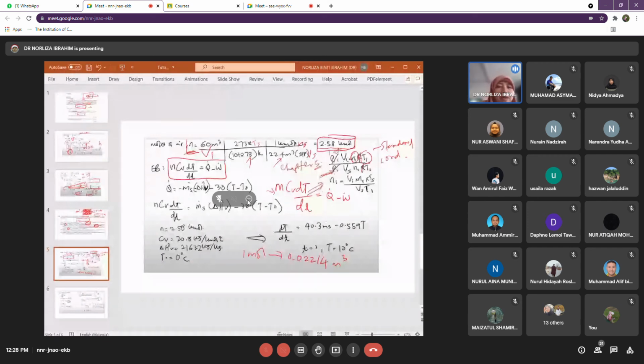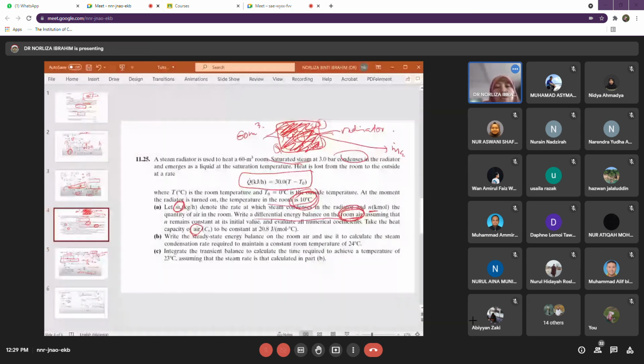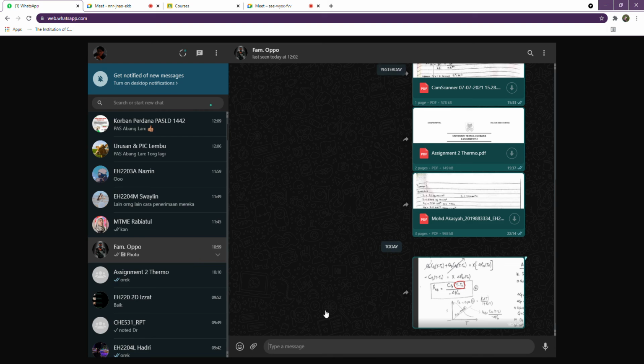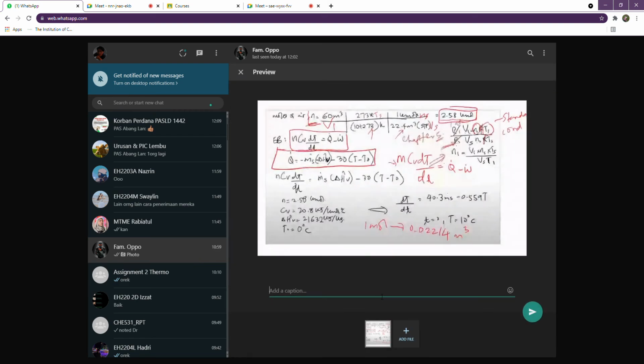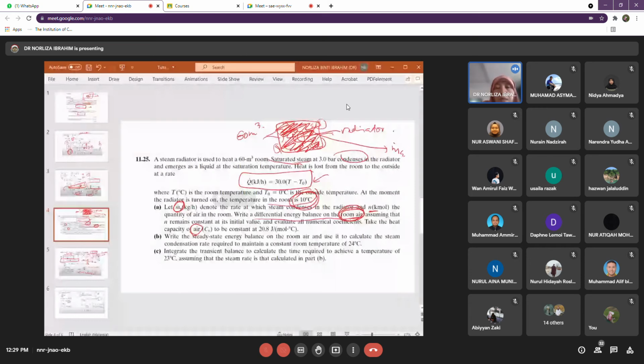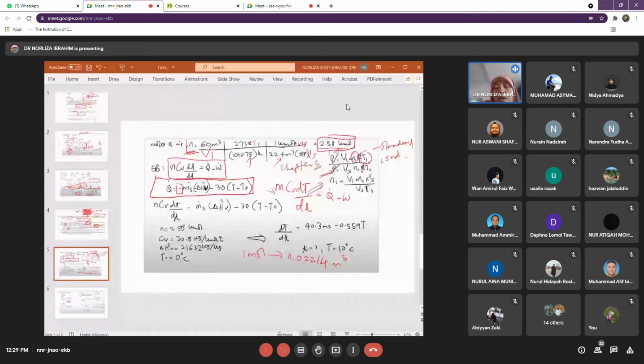One more is on the Q. As mentioned there, Q is the rate of heat loss from the room to the outside. The heat loss is given here, but this loss is still not considering the conversion of your steam to liquid. The saturated steam to liquid is not yet considered. Because when you convert steam to liquid, you release heat.